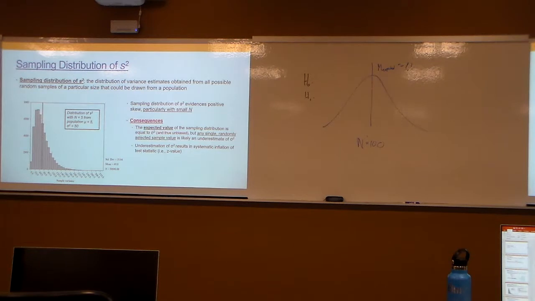The problem is, if I go through and pull any random sample from this distribution, Alicia, if I just grab a random sample from this distribution here, where is that sample more likely to fall? Below it. Why? There's just more of them down there, right?